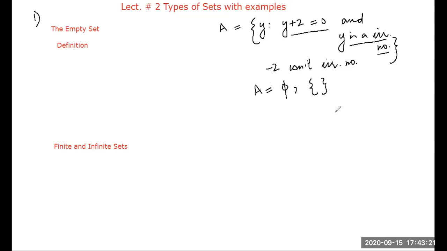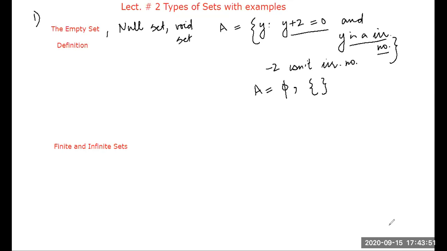So from this I get the idea of an empty set, which is also known as a null set or void set. If I want to define this set, can I just say that it is a set which doesn't have any element?